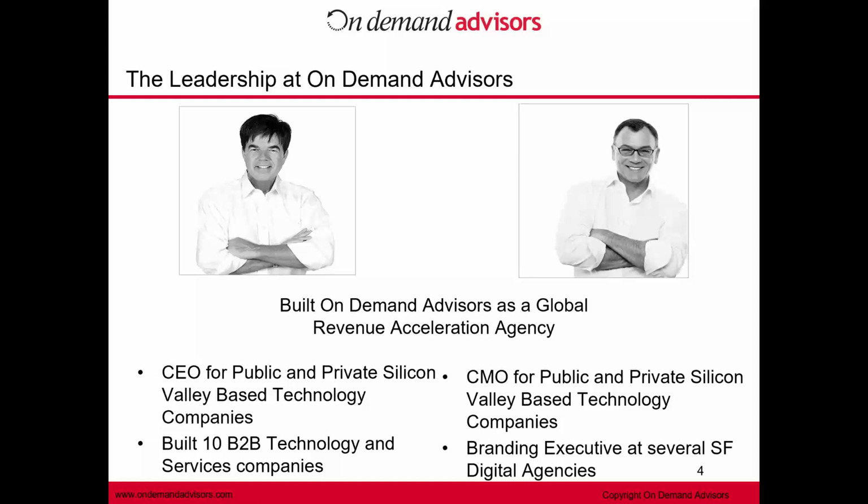So for myself, I've been a CEO for both public and private companies. Private companies like Intact that we'll talk about, which is a software as a service company that was tremendously successful and acquired by the Sage Group for $850 million, and Determined, which is a public company. So I've had the good fortune of building companies at different stages.